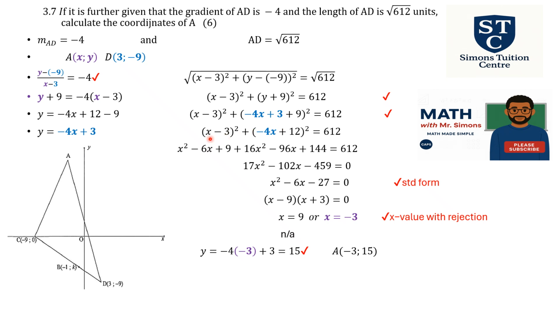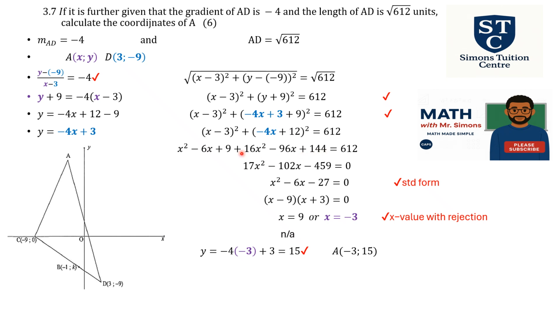What I mean is x times x, x squared. x times -3 gives me -3x, times 2 gives me -6x. -3 times -3 gives me positive 9. -4x times -4x gives me positive 16x squared. -4x times 12 gives me -48x, and if I multiply that by 2, it gives me -96x, therefore my middle term. 12 times 12 gives me 144.